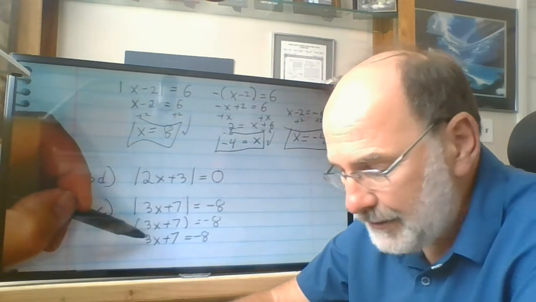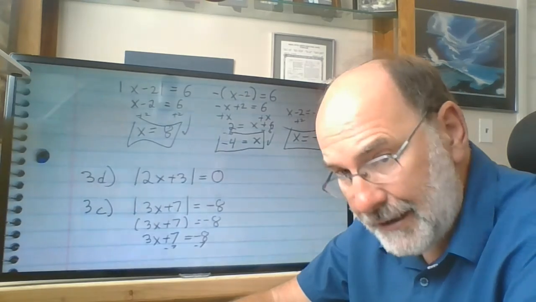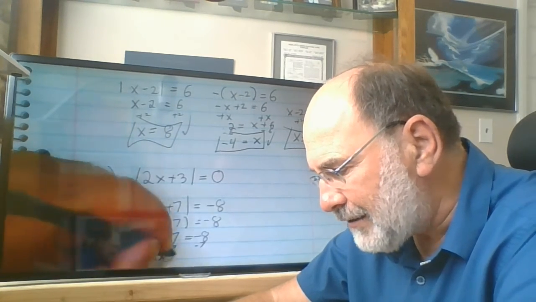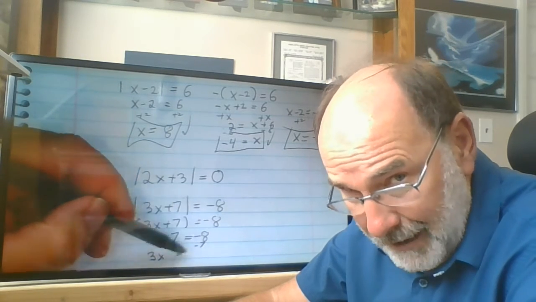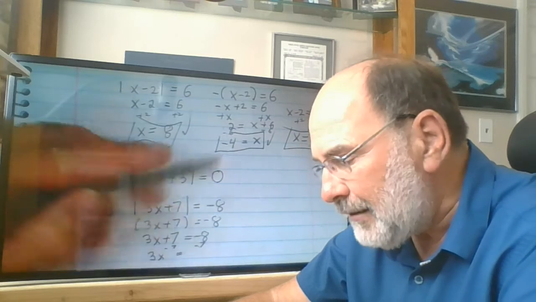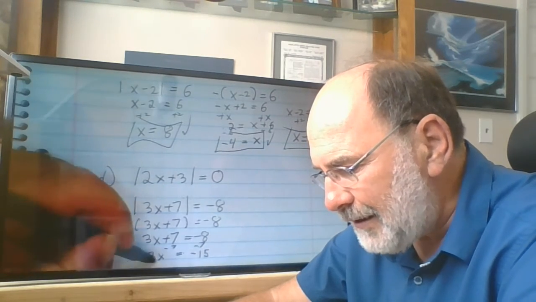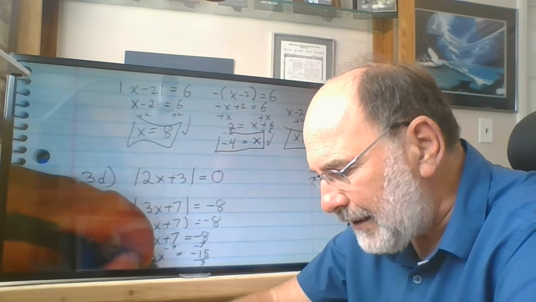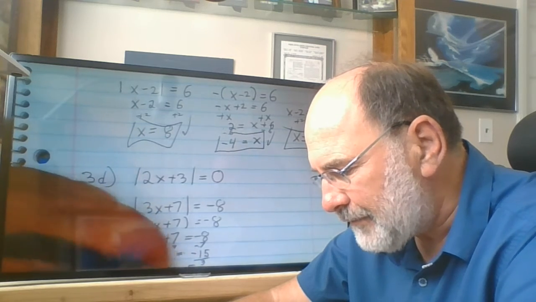I want to solve for x. I would choose to subtract 7 from both sides. Watch your signs. What I have on the left is 3x. What I have on the right is -8 minus 7. I get -15. The next step is I would divide both sides by 3, and I have a solution. X is equal to -5.